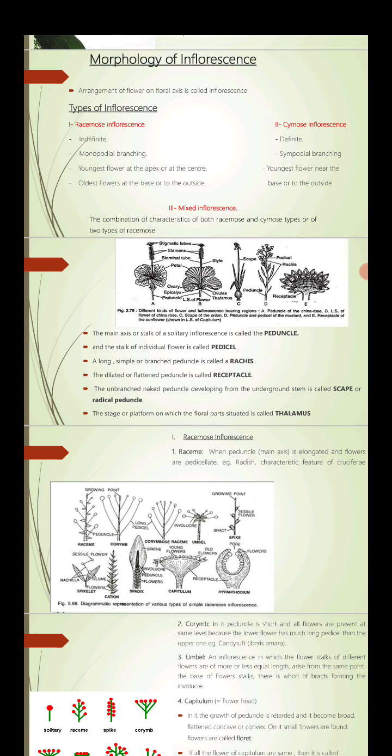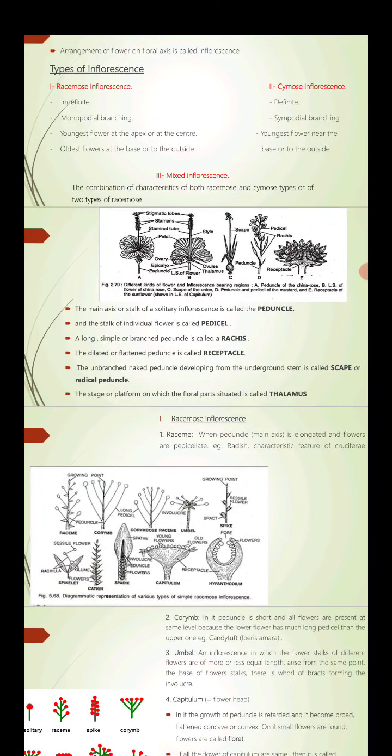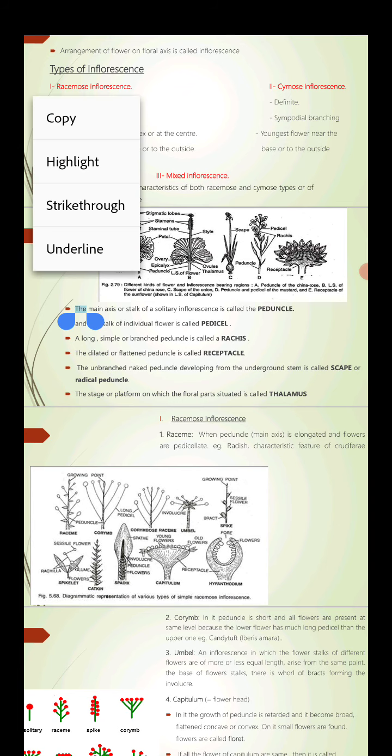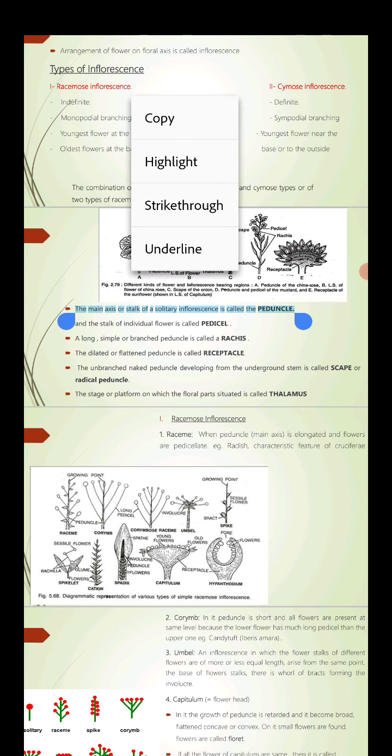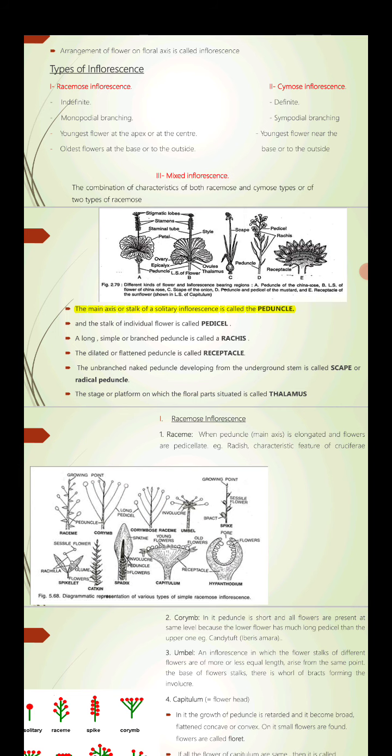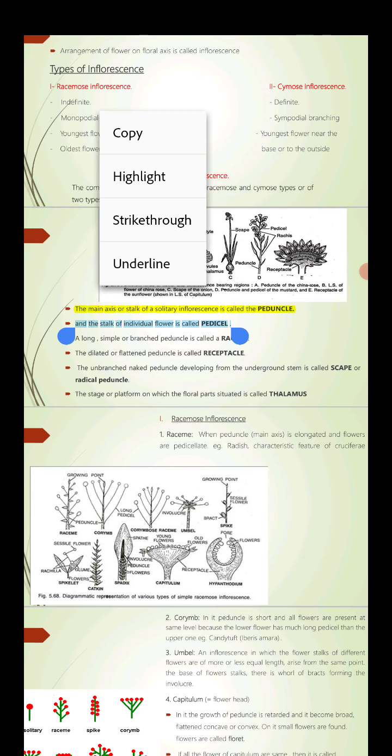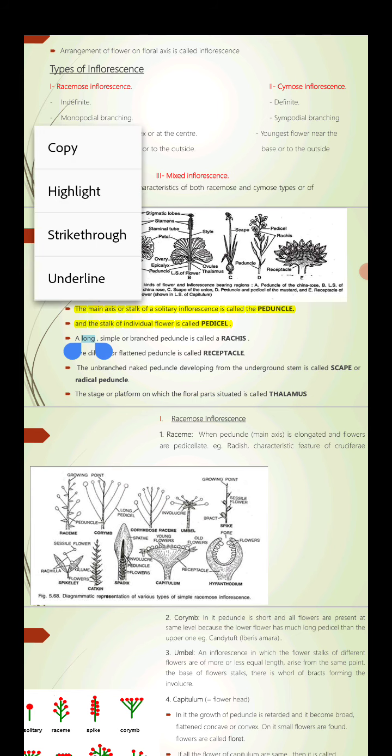So, in the case of the racemose inflorescence, the peduncle can produce an indefinite number of flowers. The main axis or stalk of a solitary inflorescence is called the peduncle, and the stalk of the individual flower is called the pedicel.